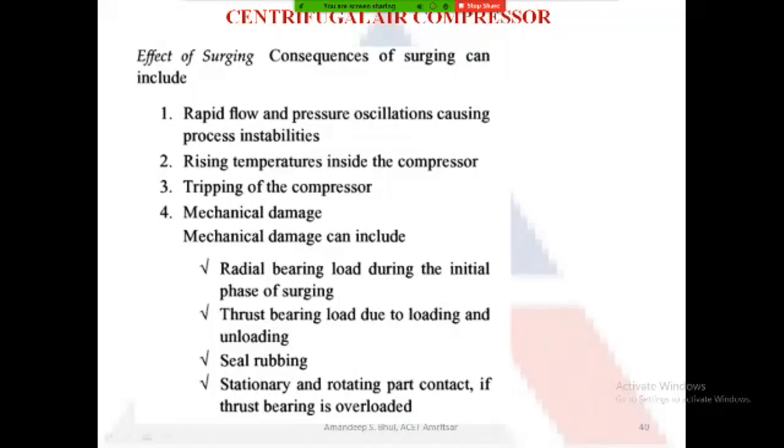Okay, stationary and rotating parts contact if the thrust bearing is overloaded. Now if the thrust bearing is overloaded, stationary and rotating parts might come in contact with each other, and this might cause rubbing of metal parts, and wear of the parts might take place. So these are the various effects of the surging that takes place on the centrifugal compressor.